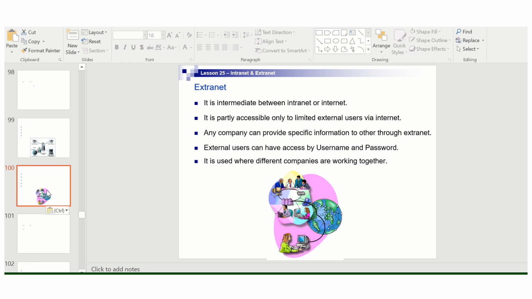Say for example, who would be responsible for stationery? Maybe that's your HR. They can have an extranet for suppliers, for example, so that the suppliers are able to view certain information in order to assist them, right?